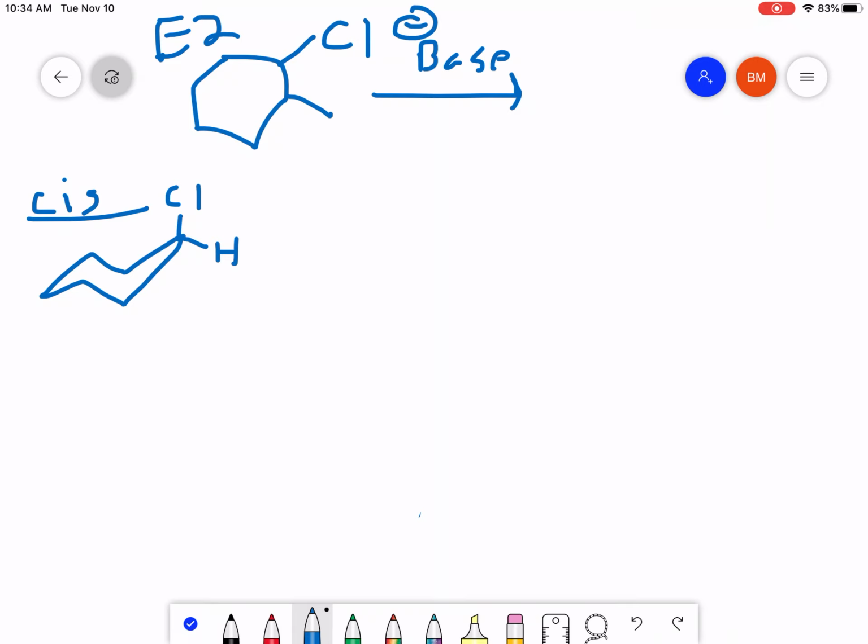And on an adjacent carbon, a beta carbon, we have a methyl group and an H. Since this is cis, that means both the Cl and the CH3 need to be pointed in the same direction. So I'm going to put that CH3 group right there, put an H right there. Then we have the ring flipped version. Hopefully by now you have an idea of how to do this. If not, let me know.